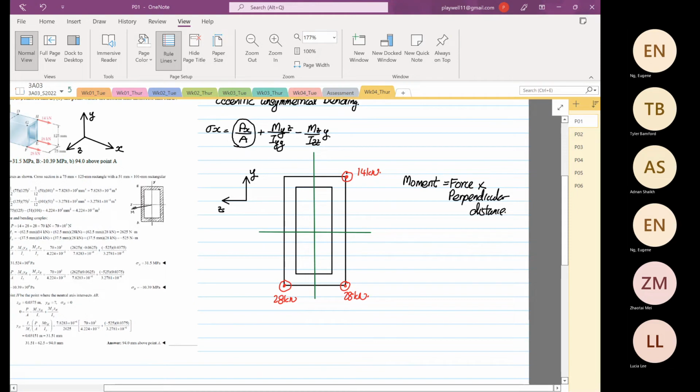So the first thing we're going to do is our ZZ axis first. Okay, so this is our ZZ. So moment about ZZ axis.